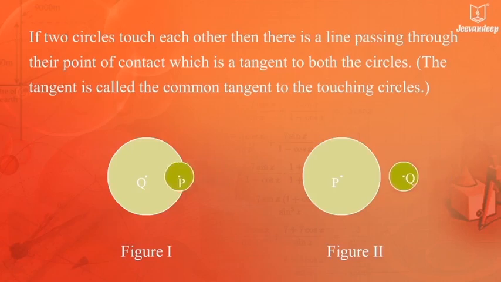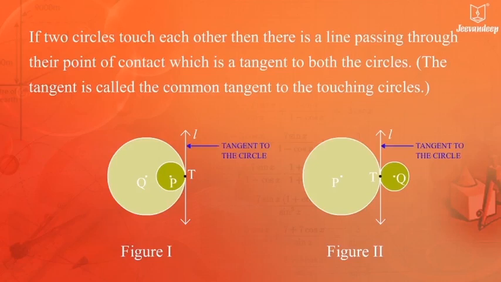If two circles touch each other, then there is a line passing through their point of contact, which is a tangent to both the circles. The tangent is called the common tangent to the touching circles. 1.